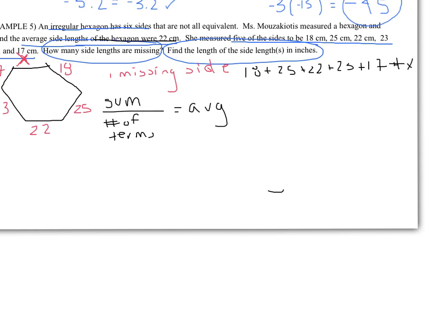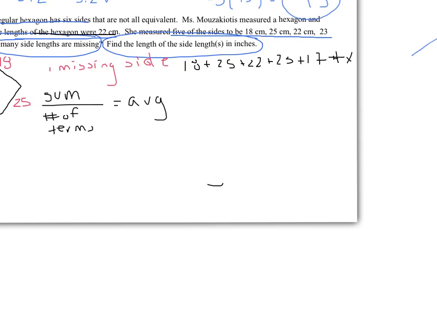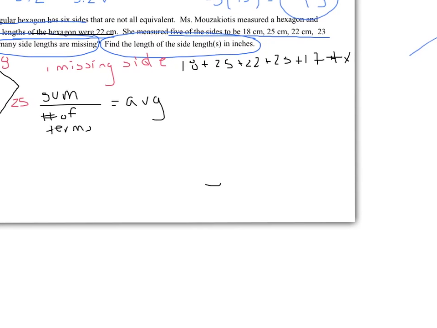Remember, you have the picture still on yours, so you can look at that. My last side length is x, because that's the one we don't know, over how many terms I have, or how many sides I have, which is 6. That's going to equal my average side length, which is 22.